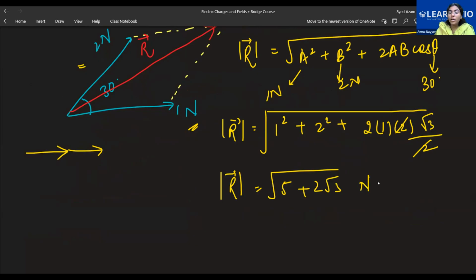You'll get the value. Now, what was the third step? Try to recall the third step. First step was the geometrical construction. Second step was this calculation of R. What was the third step?